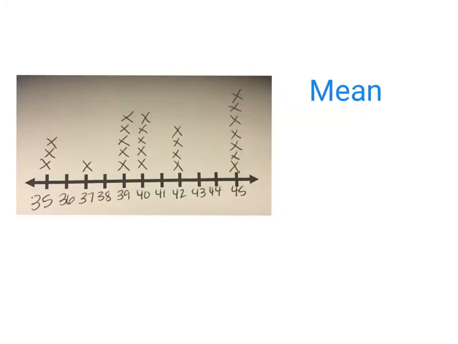When you're finding a mean with the line plot, it works very similar to finding the mean with your frequency tables. I have 3 35s, so I can just take 3 times 35 and get 105. I have 1 37, so 1 times 37 is 37. I have 5 39s, so I multiply that out, plus 5 40s, plus 4 42s, and plus 7 45s.